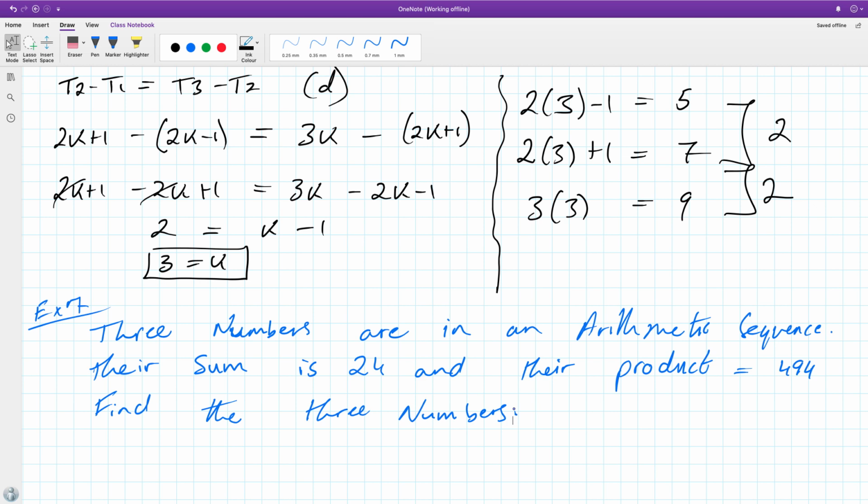n over 2 times 2a plus (n minus 1)d, right? Put that in the value. This is the sum of terms.